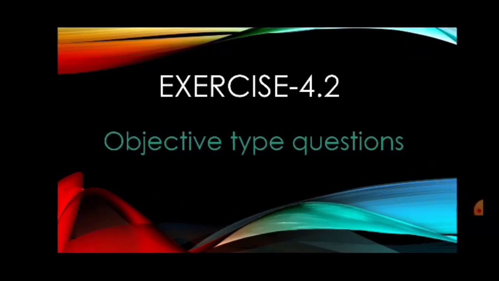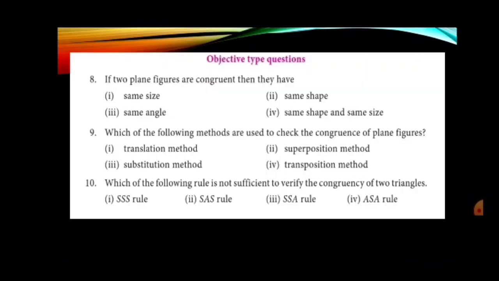We are going to learn the objective type questions from exercise 4.2. Eighth one, if two plane figures are congruent, then they have. Already we learned about congruency of triangles and also congruency of plane figures, line segments, etc. in my video that explains the introduction to congruency, right?